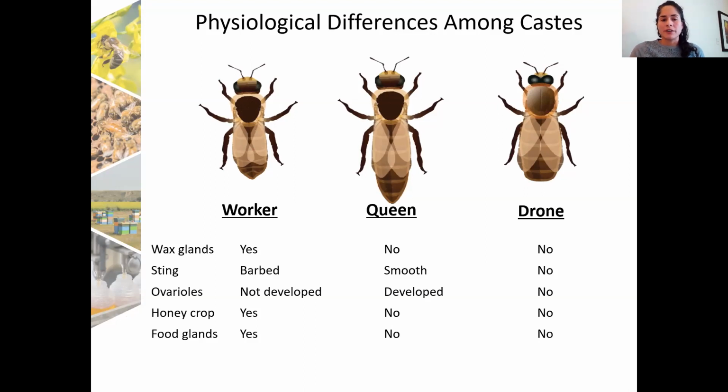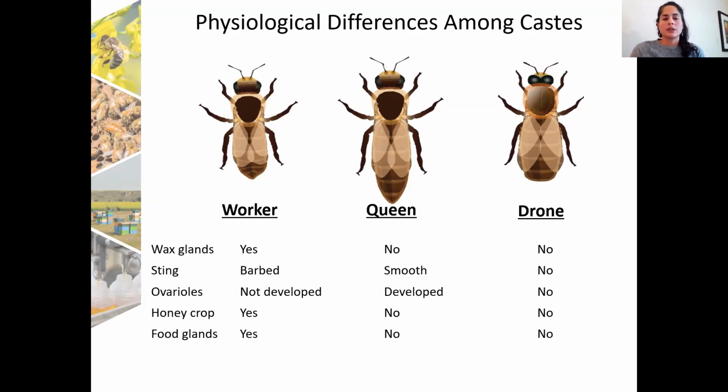Queens do not have that. Workers have a barbed sting, so they sting only once and then they die. The queen has a smooth sting, so she can defend herself without dying. She's the only one, so it's very important that she does not die when she stings, although she rarely stings, but we'll talk about that in a little bit.